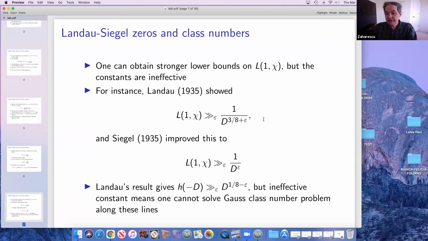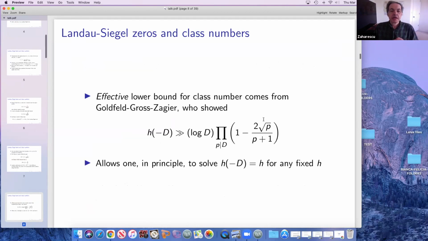None of these is able by itself to solve the so-called Gauss class number problem. For this, we need an effective lower bound, and this is provided by work of Goldfeld in combination with work of Gross and Zagier.